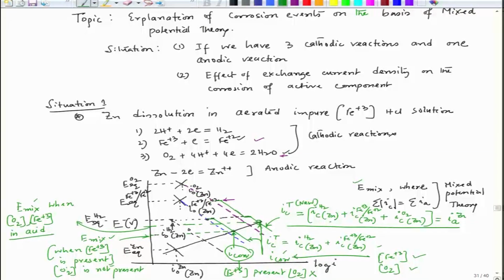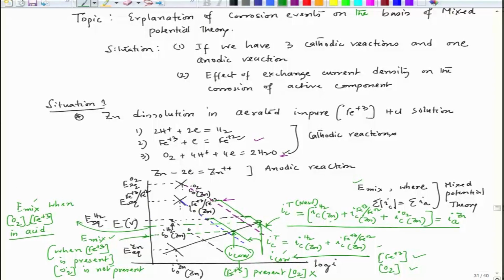That means as we increase the number of reduction processes in the complete electrochemical process, which is nothing but the corrosion of zinc, our corrosion rate increases depending on whether these interactions are possible.